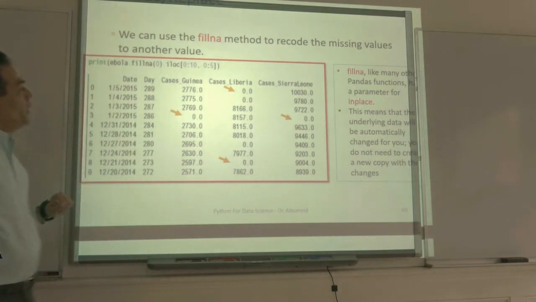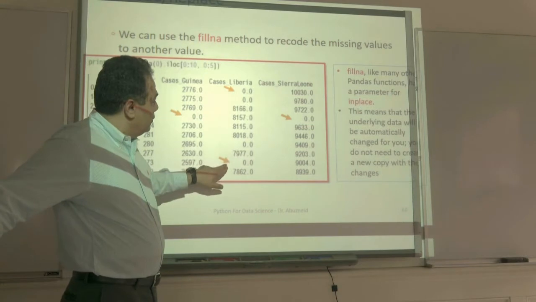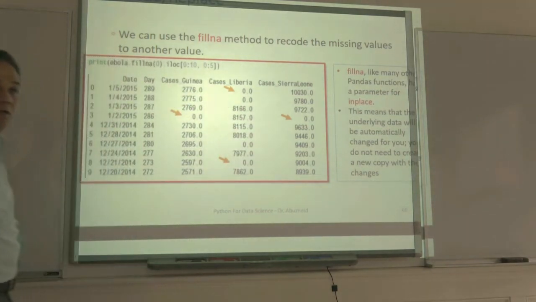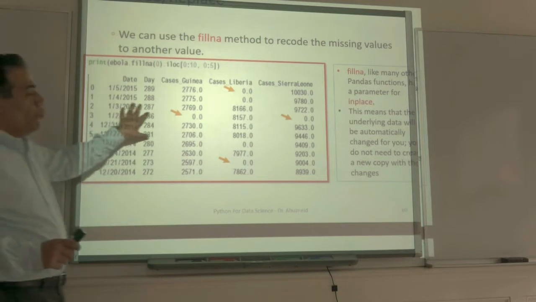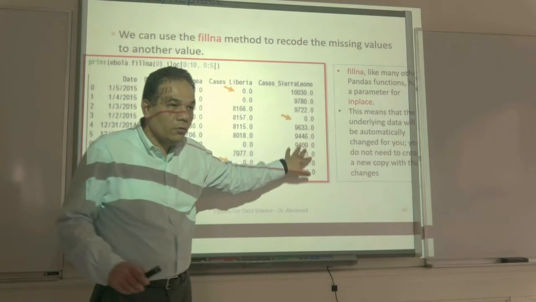So what we are doing in here, for any null value, we replace it with 0, with a value. Fill null, fill none, null with 0. And you specify which rows and which columns. If you don't specify, that means the whole data frame.